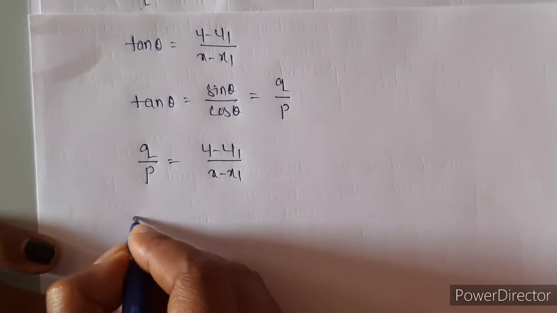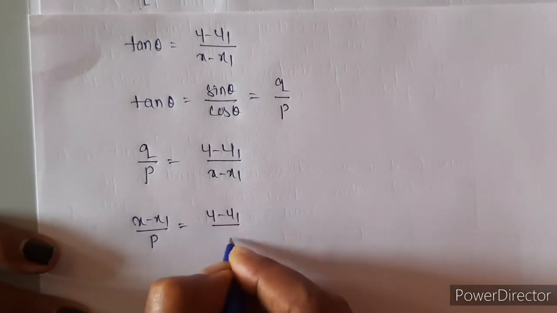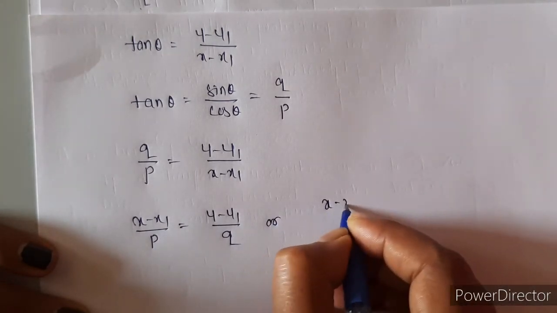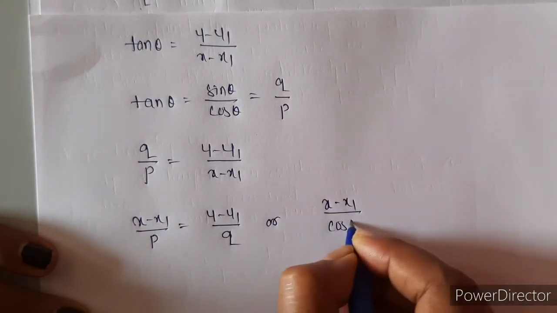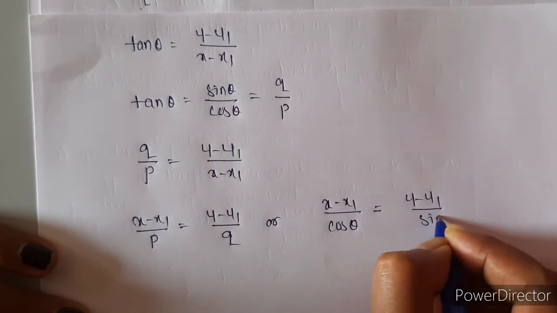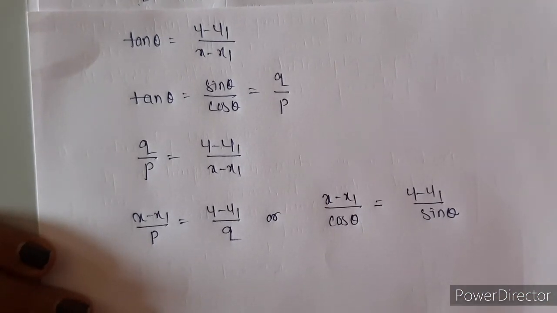We can write this as x minus x1 upon p is equal to y minus y1 upon q, or x minus x1 upon cos theta equals y minus y1 upon sin theta. This is the required equation of the line in symmetric form.